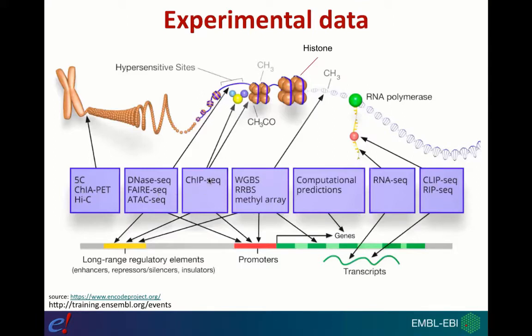The next thing we can do is look at a number of different things with an experiment called ChIP-seq. This is chromatin immunoprecipitation followed by sequencing, and it allows us to look at the proteins that are interacting with the DNA. These proteins might be the transcription factors themselves, so using ChIP-seq we can experimentally assay where along the genome the different transcription factors are binding.